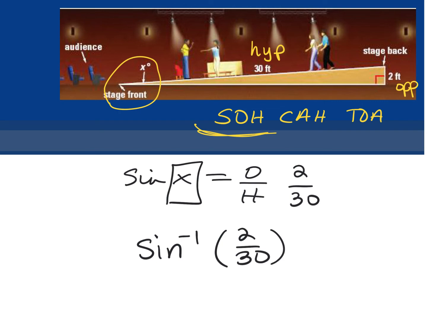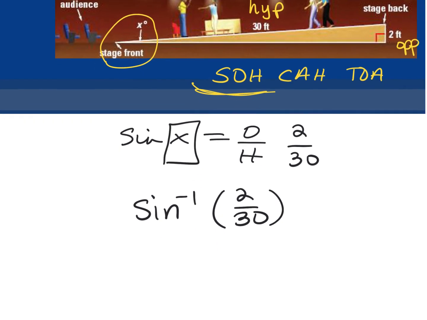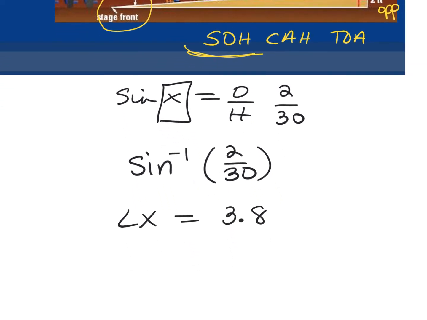If you are entering this as a division, make sure you put the 2 divided by 30 in parentheses. You will hit enter. And once we do this, we're going to get, rounded to the tenth place, angle X to be 3.8. So because 3.8 is less than 5, this stage is in the desired range.